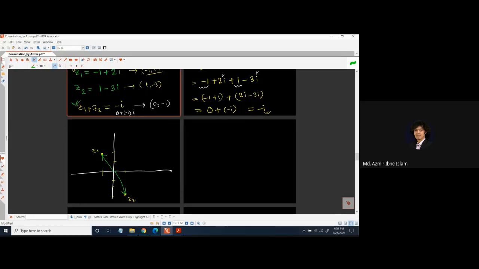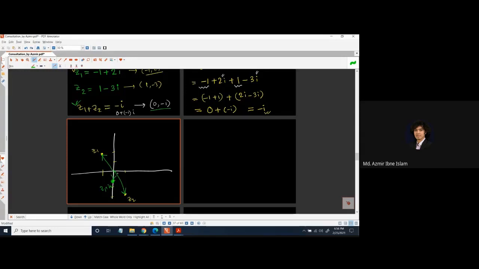Z1 plus Z2, this is the addition. So if we add Z1 plus Z2, we are getting -i. That means 0, -1. So 0, -1 is here and the line will be like this. So this is the addition, Z1 plus Z2.